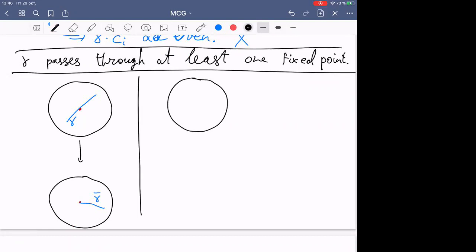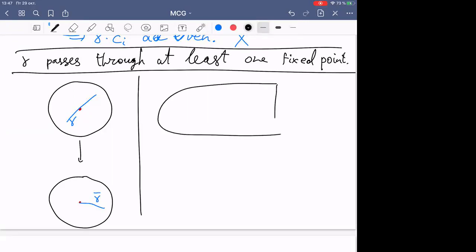And now there should be exactly two such endpoints. Why? At the moment we know that there are at least two fixed points on gamma. Gamma starts from a fixed point, and in some time it comes to another fixed point.